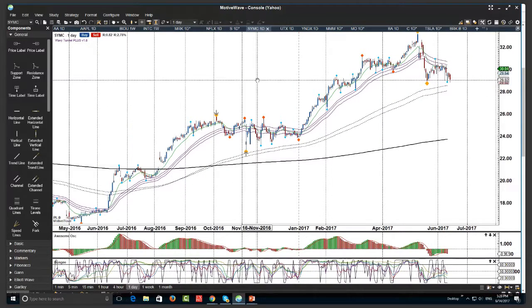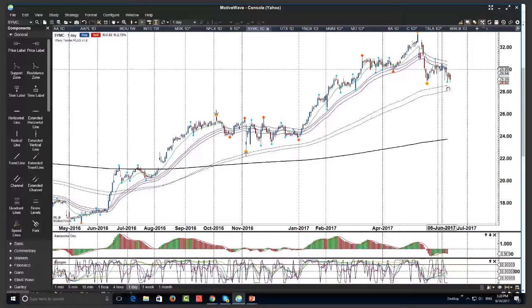Here's another one. Okay, Symantec Corp. So this is a beautiful consolidation right into our buy zone. It might need a little bit more time here, and once that turns around, that might be a nice trade to take.